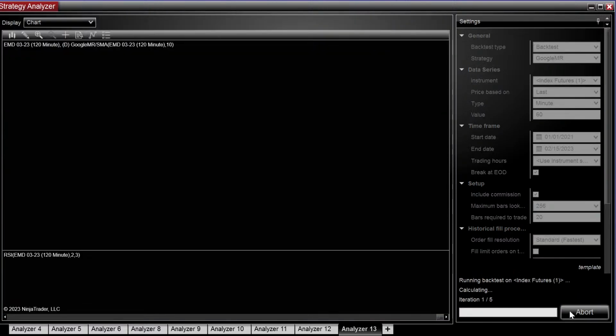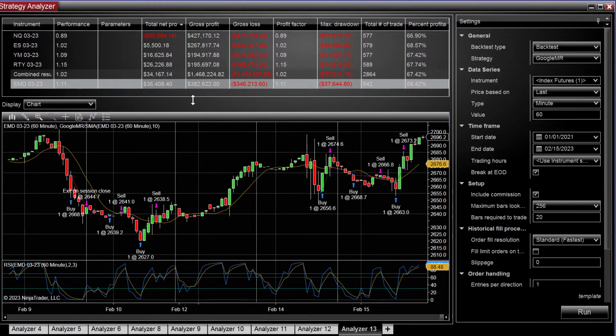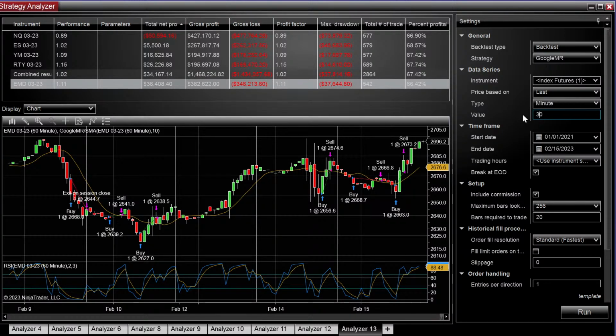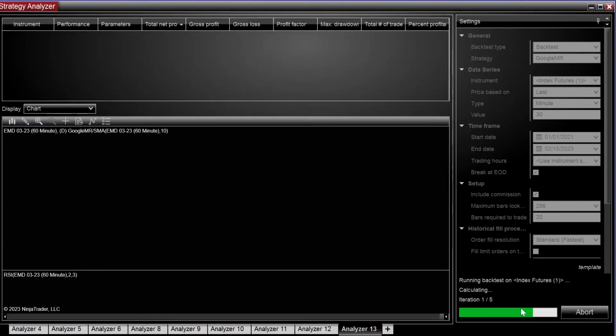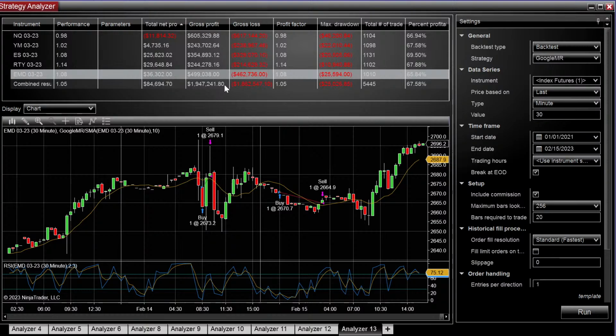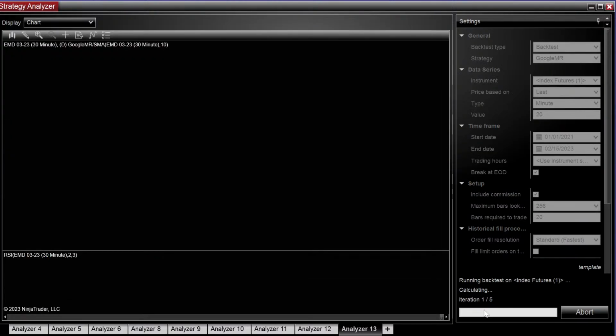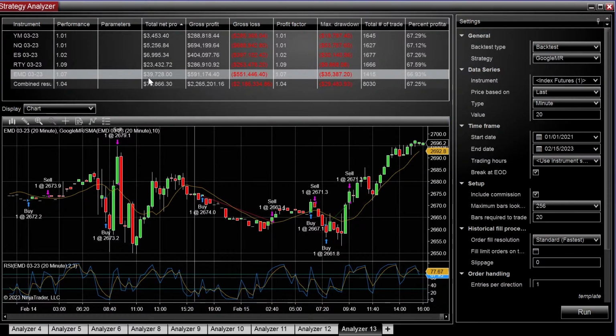Let's go to the 1-hour. $84 and 25. Let's do the 20 minutes. Would like to see a drawdown under 20,000.